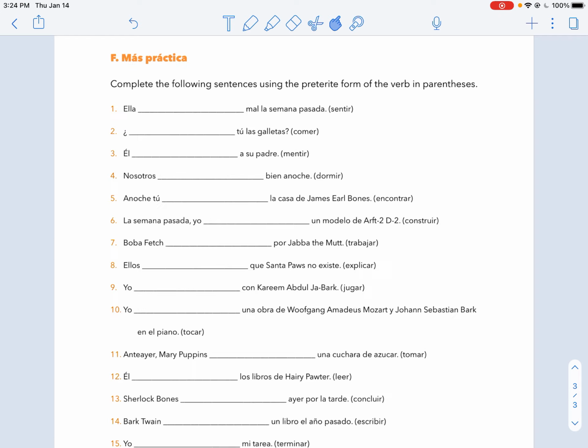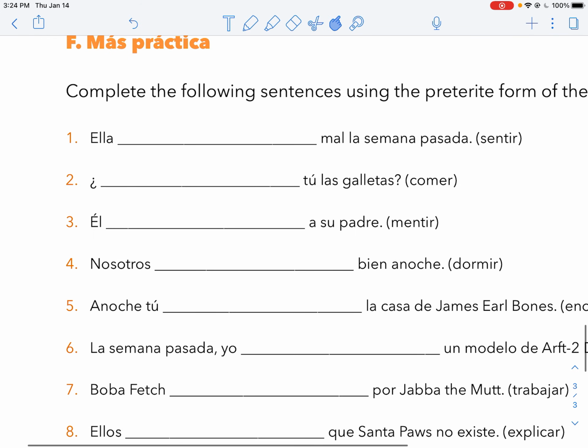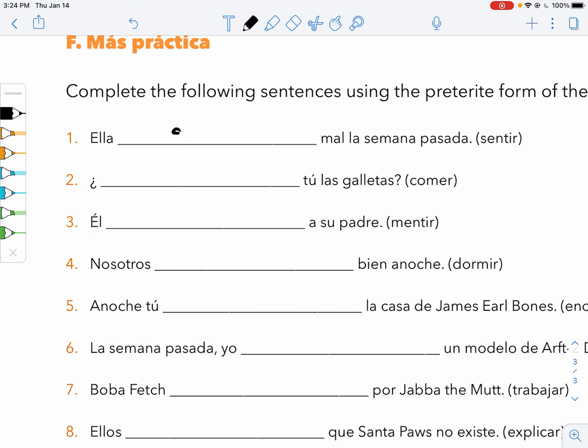Okay, so sentir is an IR stem changer, giving us ella sintió. Just changing that stem right there. And then comer is regular. So we have comiste with tú. And then él mintió. Mentir is a stem changer, giving us mintió.